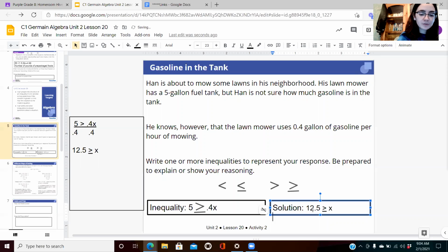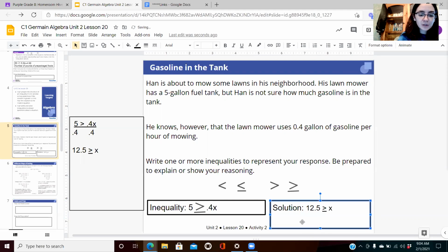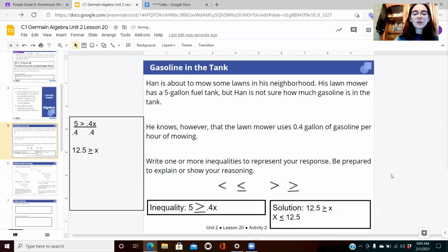If I click down here and say x is less than or equal to 12.5, that would still represent the same solution set if you put the x first. So both of these would be solutions to this inequality. Nice job, Max. I love it.